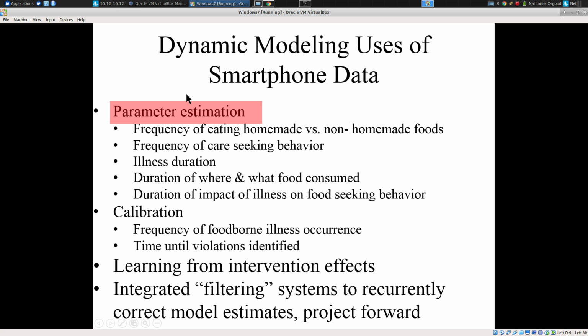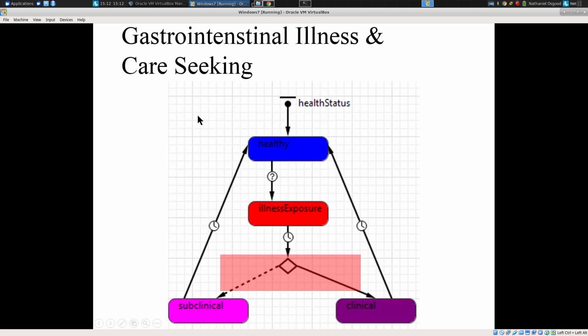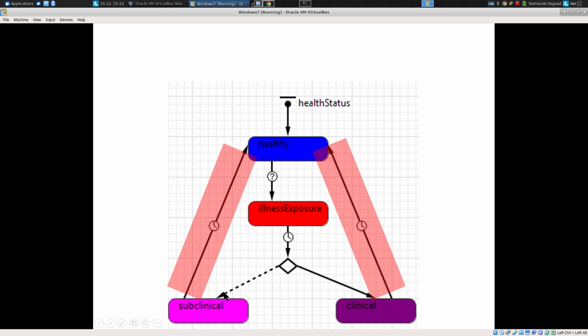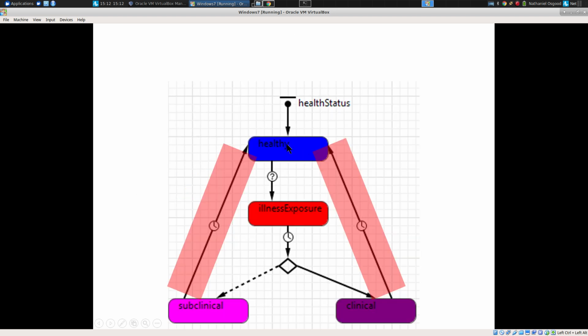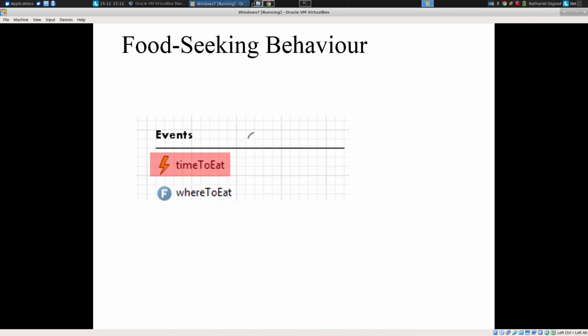We actually didn't collect it. And this sort of data can inform parameter estimation, understanding, okay, how many cases might go, for example, for clinical presentation or not, how quickly they return back to a state of standard feeling well and, in fact, of seeking food and engaging in external food-seeking behavior. This is work which Aiden's been doing.